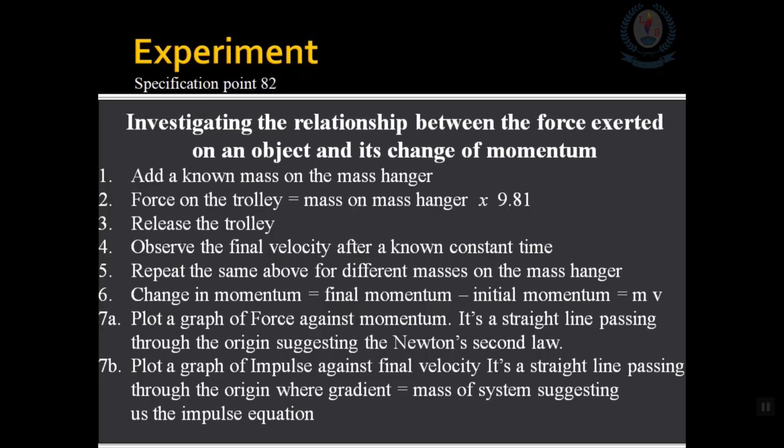Impulse equals mass into final velocity. So it is in the form of a y equals mx graph. Impulse is y, gradient m is the mass and x is the velocity. So it should be a straight line passing through the origin, where the gradient will give us the mass of the system. That is the idea.